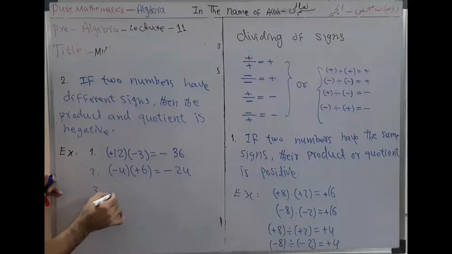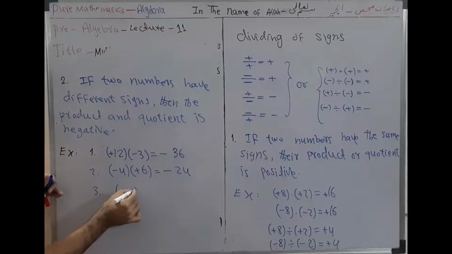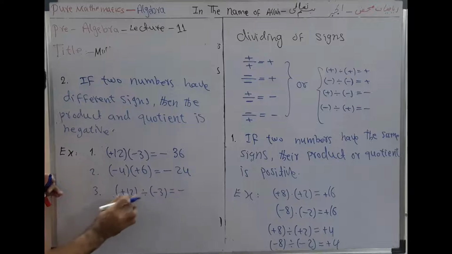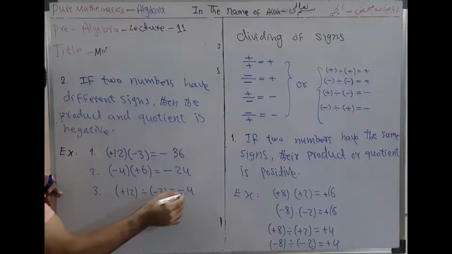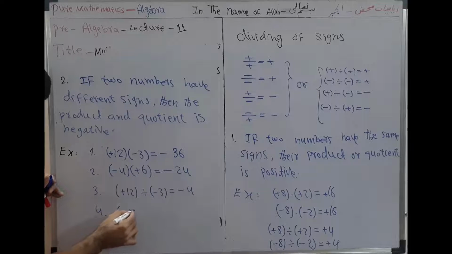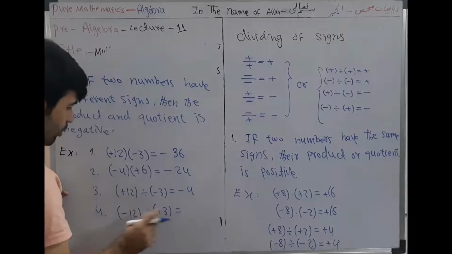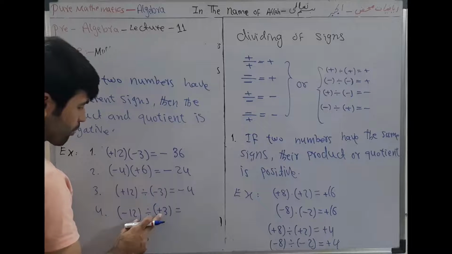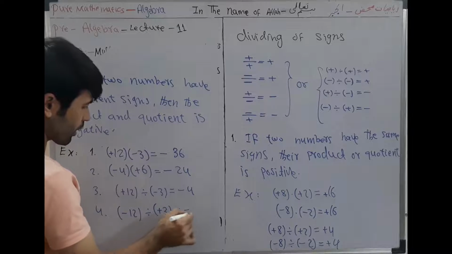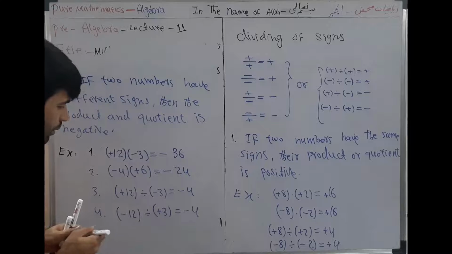Number 3: plus 12 divided by minus 3. Plus divided by minus is minus, and 12 divided by 3 is 4. Number 4: minus 12 divided by plus 3. Minus divided by plus is minus, and 12 divided by 3 is 4.